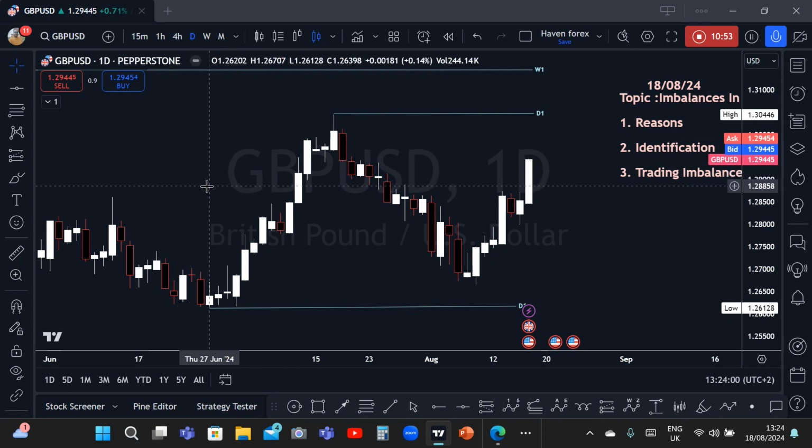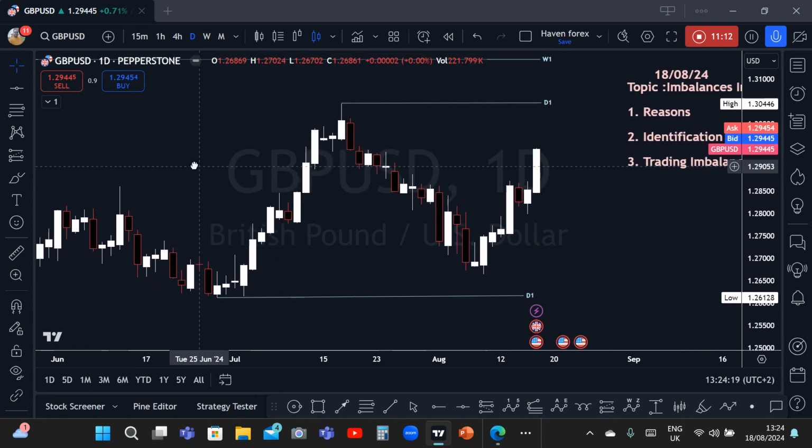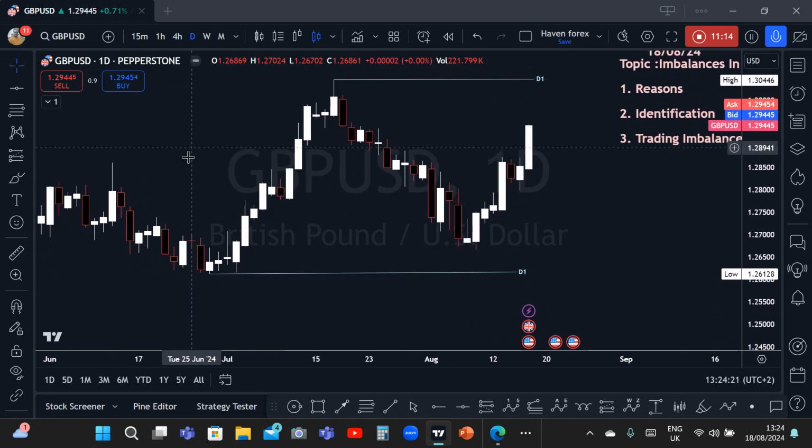Another point is volume analysis. A sudden increase in trading volume at a specific price level can signal an imbalance. Let's say for example there are orders placed at this support level, I beg your pardon.